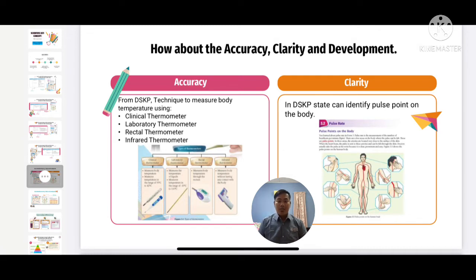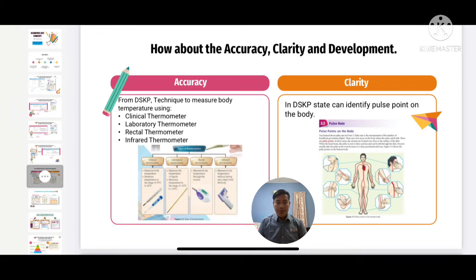In the textbook, the same 4 types of thermometer to measure the temperature that have been suggested by the DSKP are also shown. In addition, we move to the next key point, which is clarity. The DSKP states that students should be able to identify the pulse point on the body.